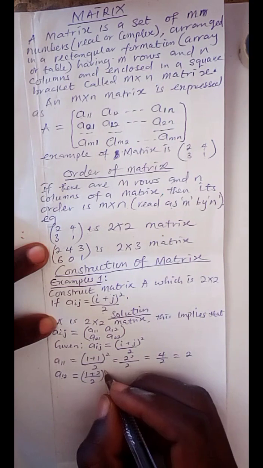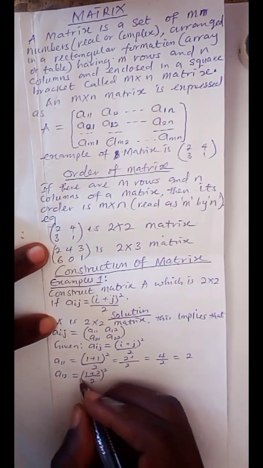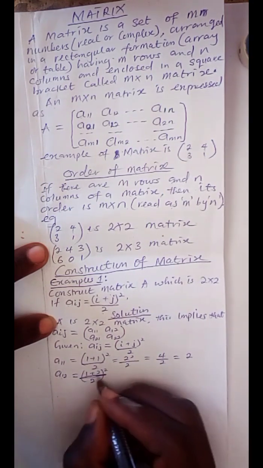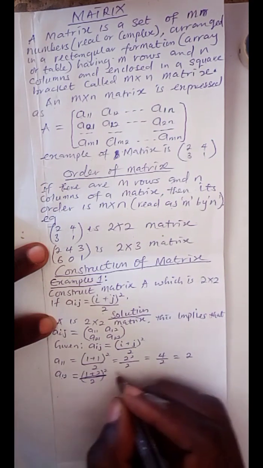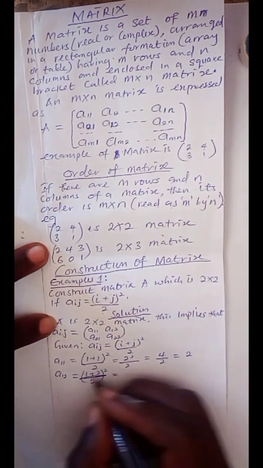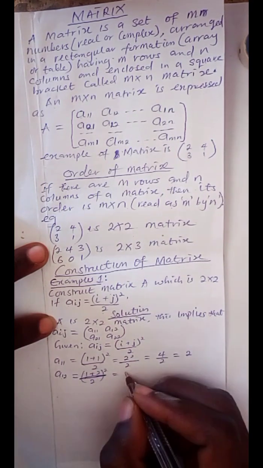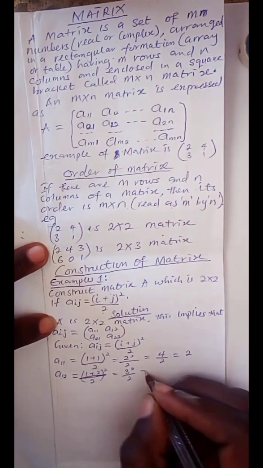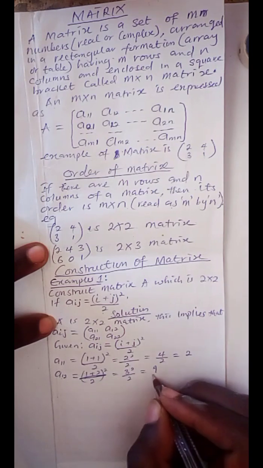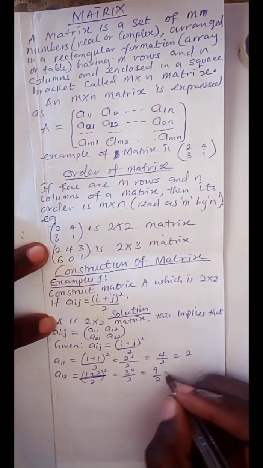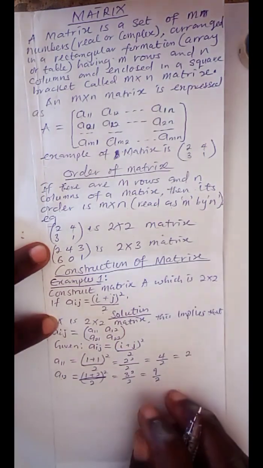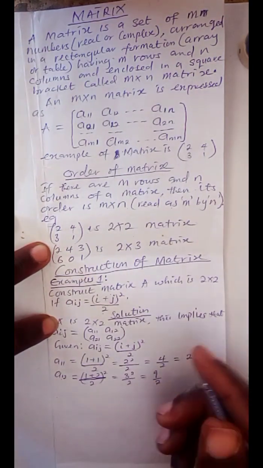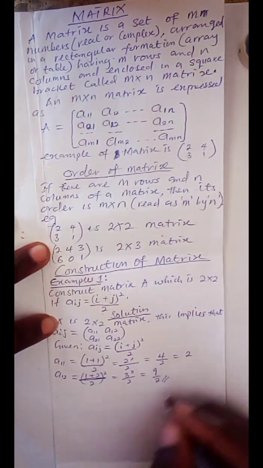Sorry, the square is only for the numerator. When we add 1 plus 2, it is 3 square all over 2, and 3 square is 9 all over 2. Now 9 all over 2 does not have common factors, therefore we are going to leave it here.